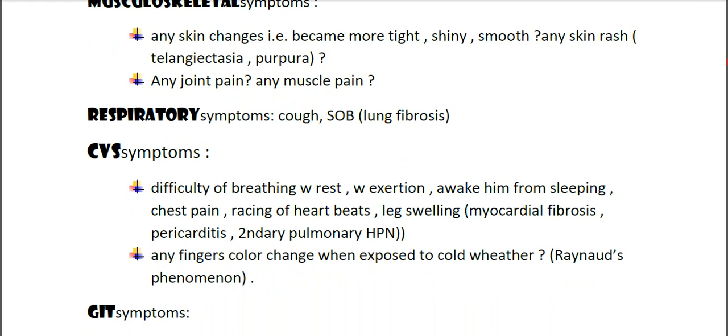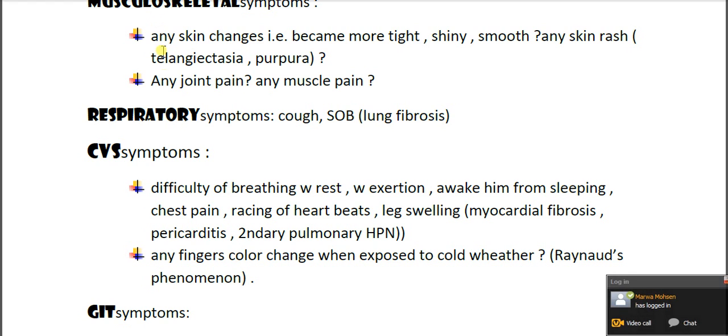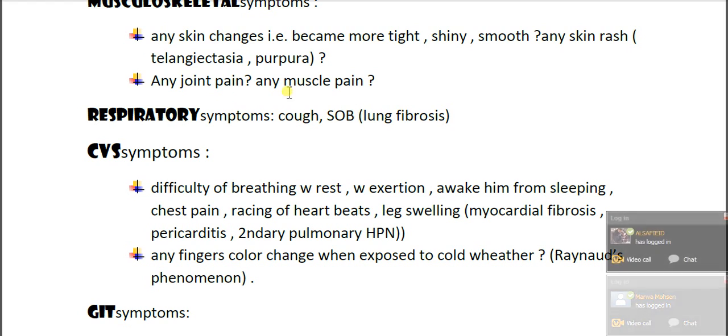Musculoskeletal system: any skin changes, has it become tighter than before, shiny, smooth, any skin rashes like telangiectasia, any joint pain, any muscle pain. Respiratory symptoms: any cough, any shortness of breath because of lung fibrosis.